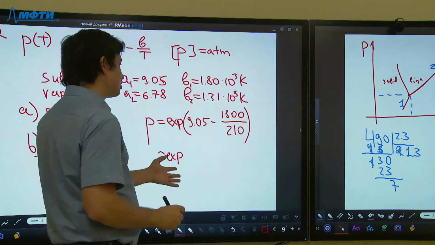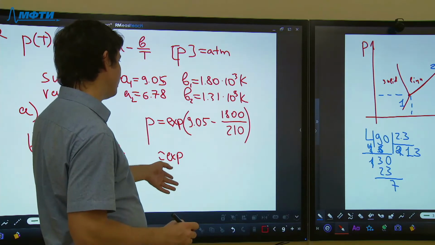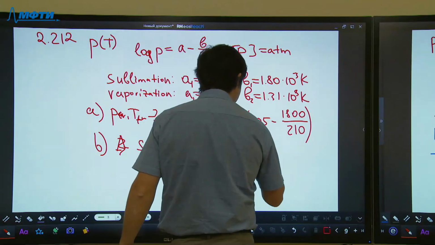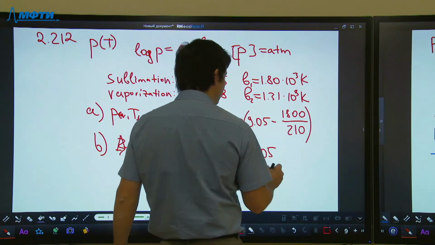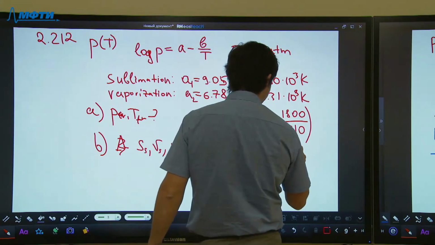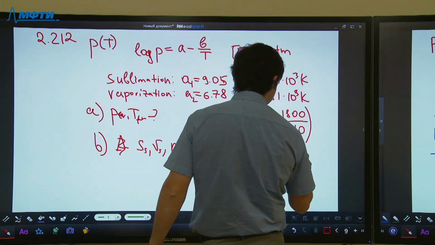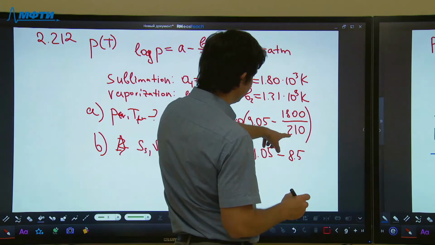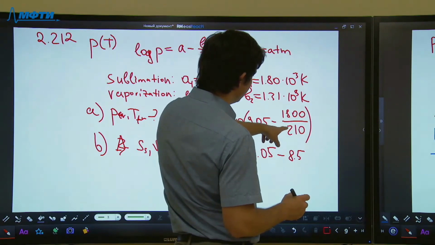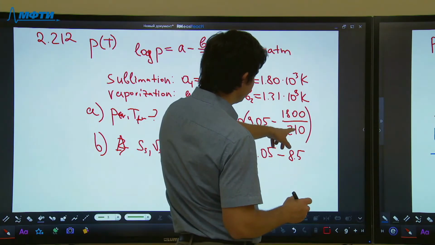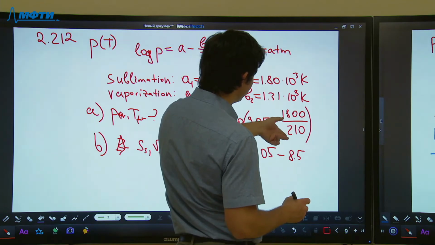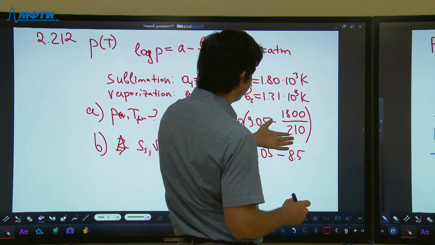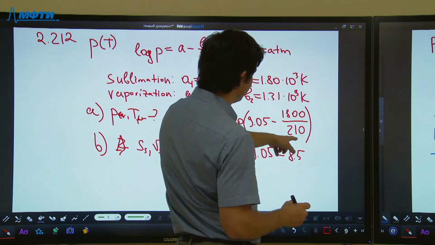But this is in the exponent, so I think all of our inaccuracies would give a tremendous difference. Nonetheless, 9.05 minus something like 8.5, or what I get from 8. 8 would give me 1680, so I need 120 more. 120 is somewhat more than 0.5.